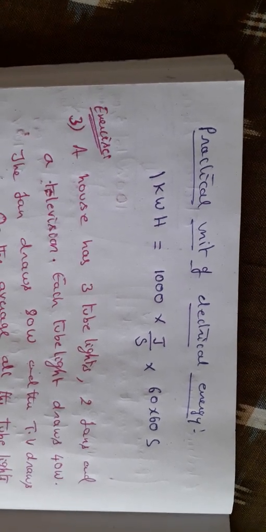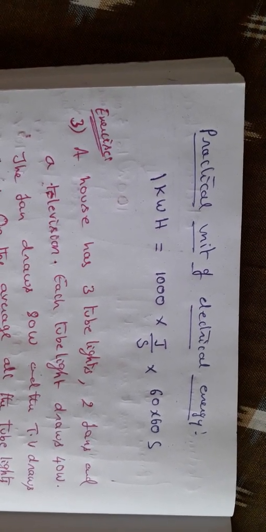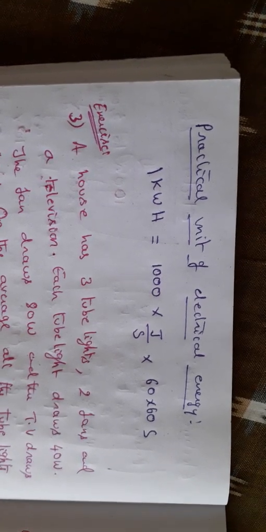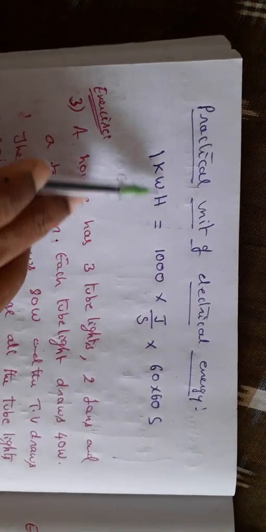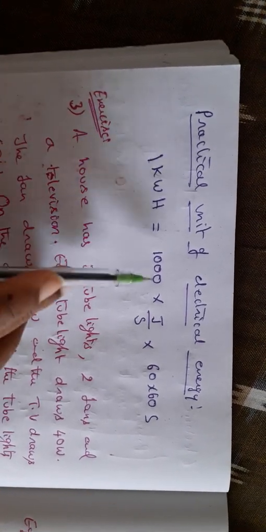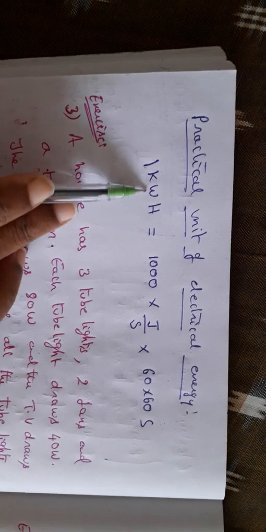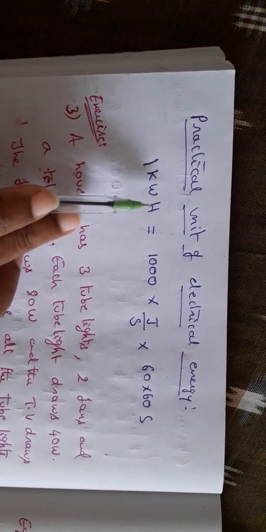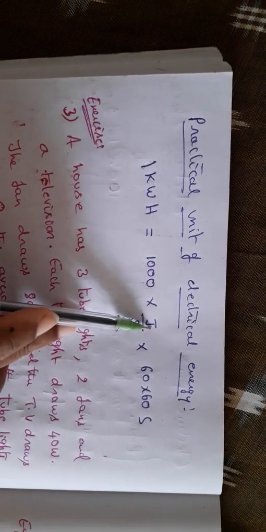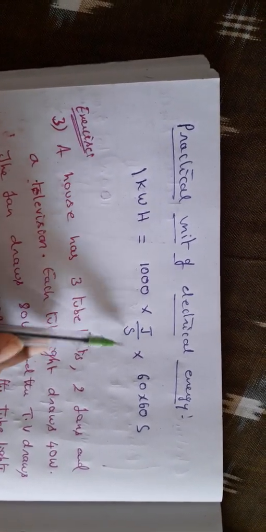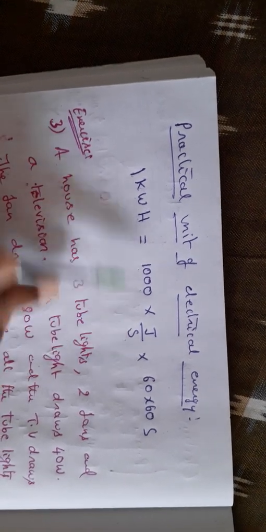Okay, let us convert this and see how many kilowatt hours is equal to how many joules. So now let us see 1 kilowatt hour. Kilo means 1000, you know very well, that is 10 cube. So write down 1000 here. Watt means power, the unit of power. Unit of power is energy by time, where the unit of energy is joule and the time unit is second. So 1000 into joule per second, into hours.